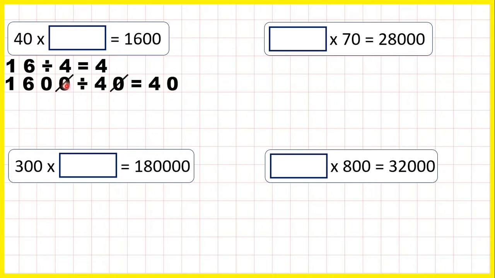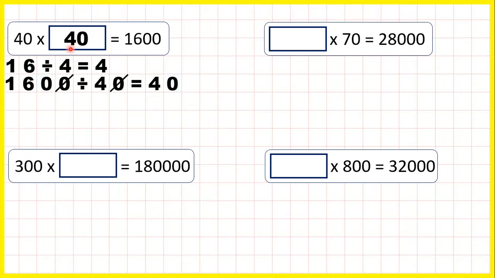That's because we can cancel the 0 on the end, and so that gives us 160 divided by 4. Now 16 divided by 4 is 4, but then we still have this end 0 in our dividend, so we need an end 0 in our answer.